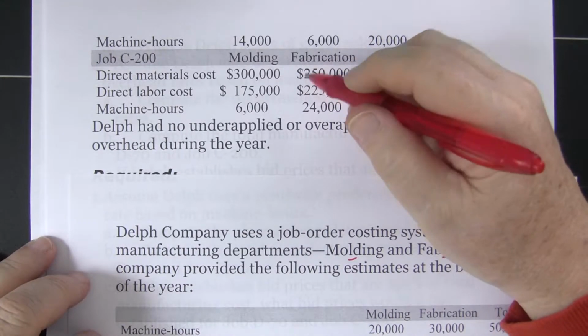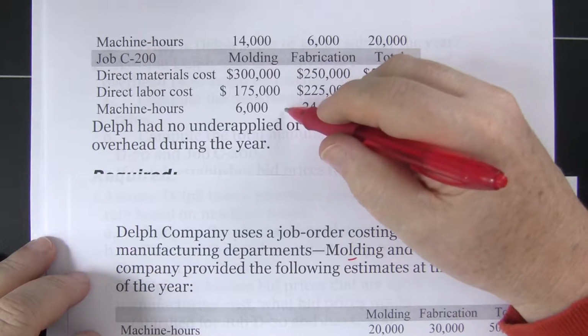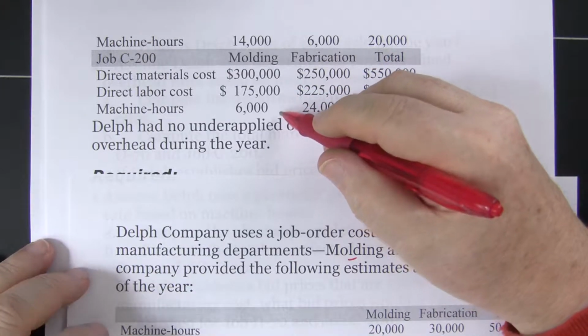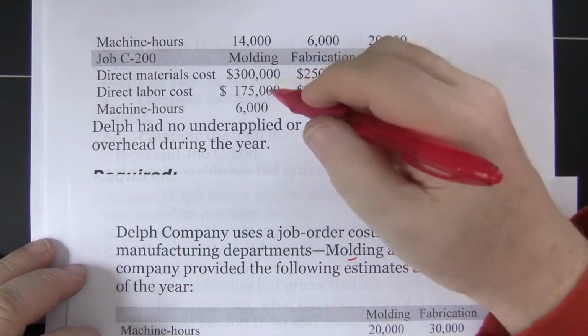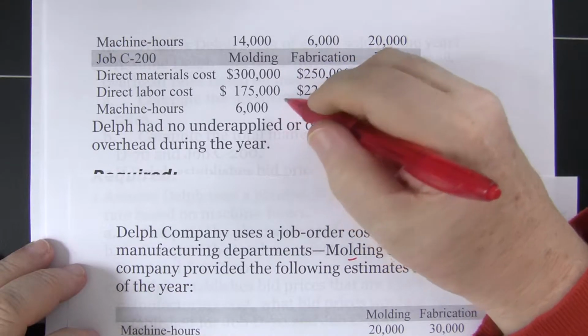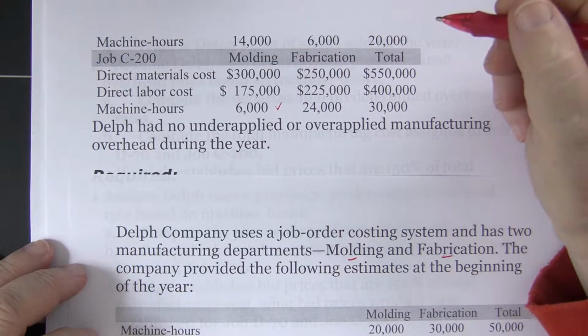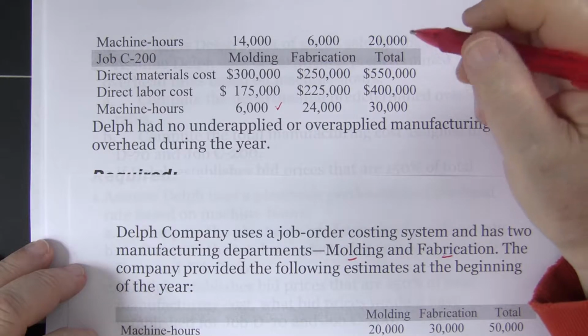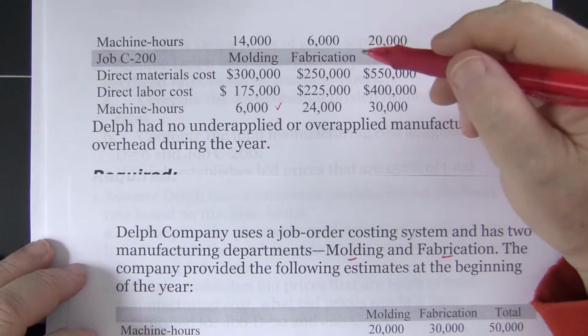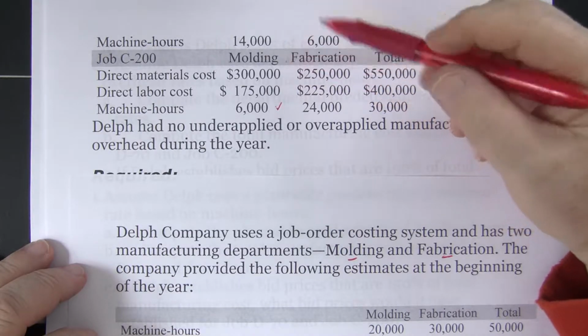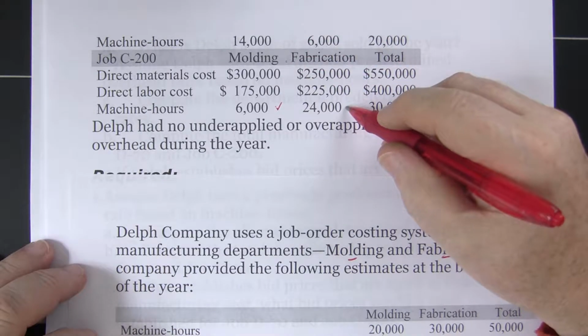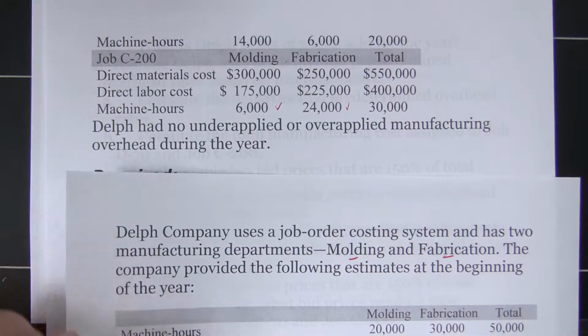And they're telling us that they use machine hours to apply the overhead. And this job had 6,000 machine hours in molding and 24,000 hours there.